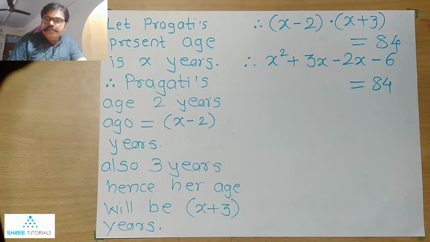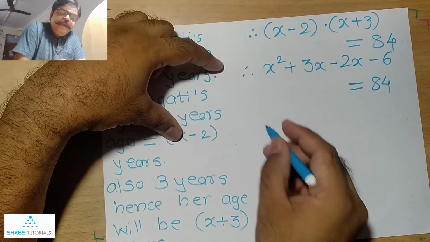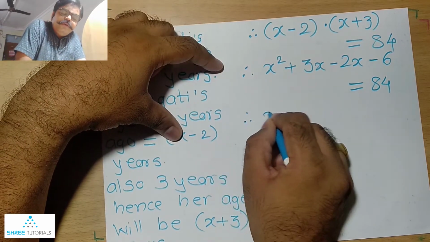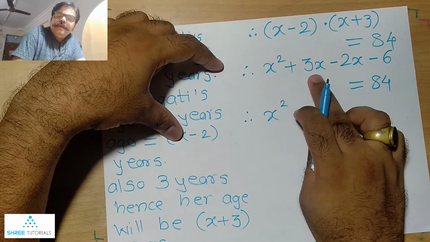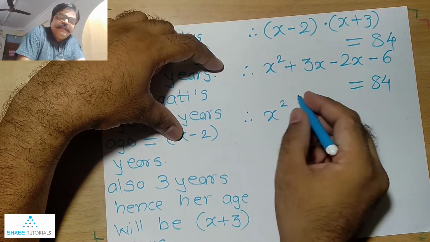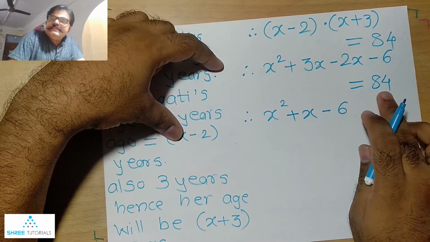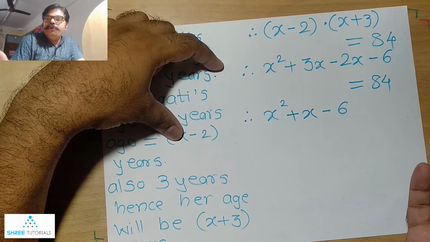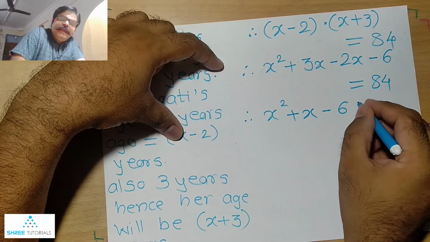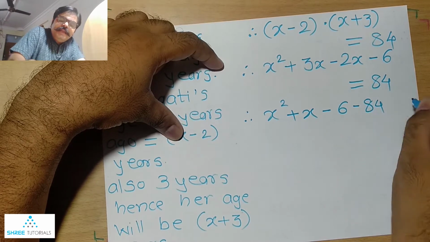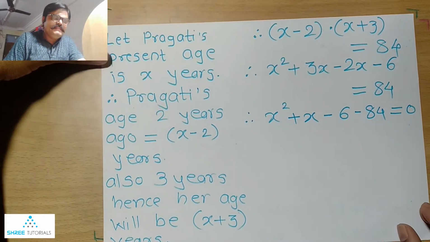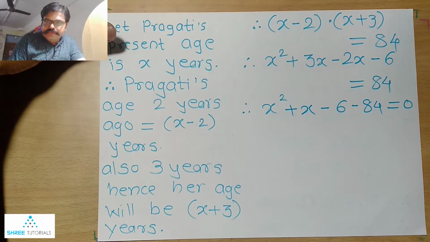Now these two terms will be combined together. So the equation will look like plus 3x minus 2x, that is plus x, minus 6, and this 84 as well I am going to move to the left hand side, so it will look like minus 84 is equal to 0. So this is the equation we have got.